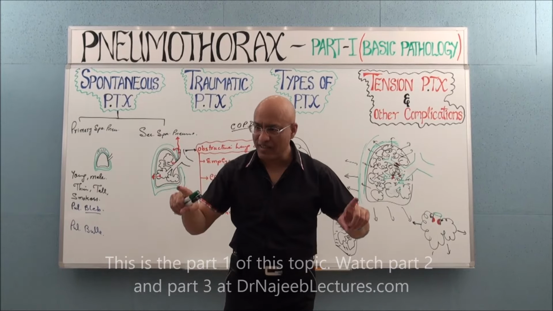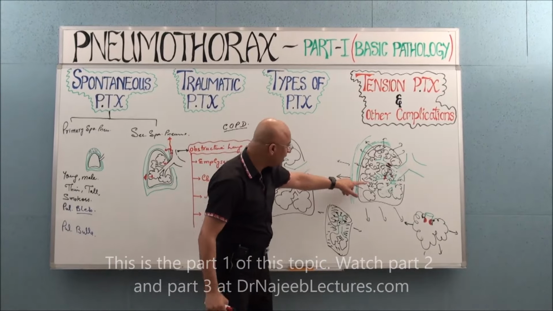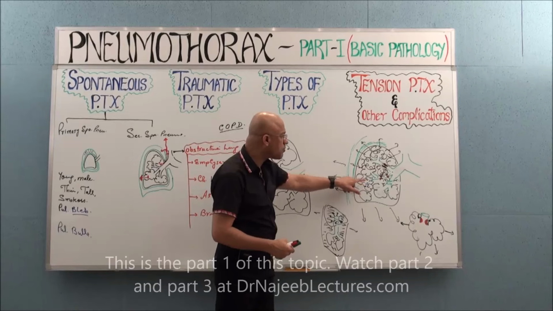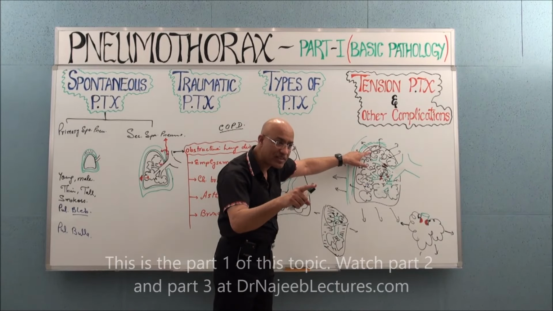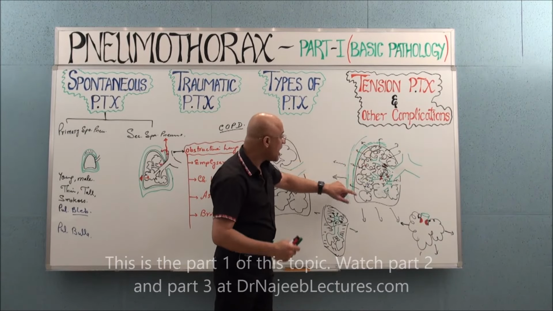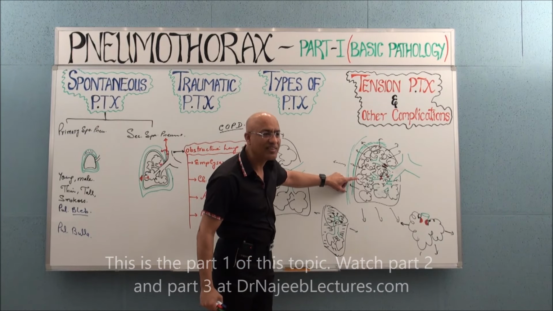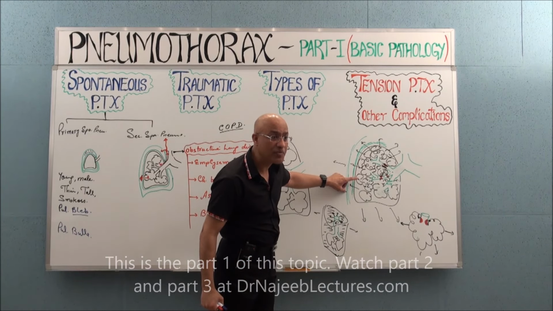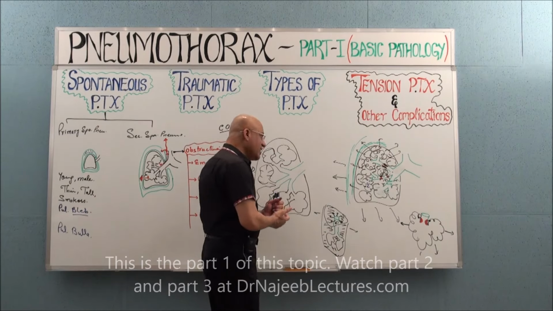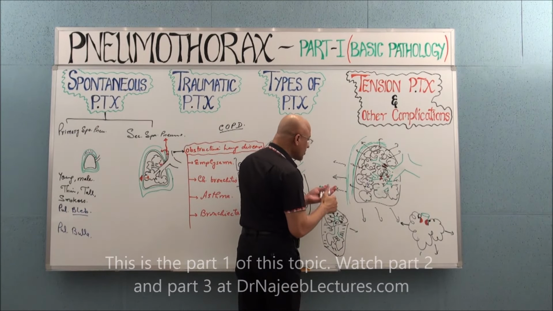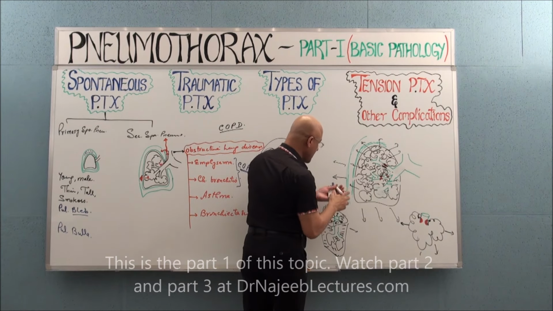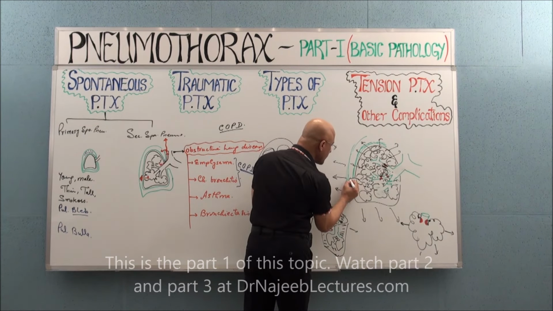increasing. In obstructive lung diseases, when air traps and pressure in these air pockets increases, alveoli have very delicate walls. They may rupture. And if they rupture just under the pleura, then there will be direct entry of air into the pleura.